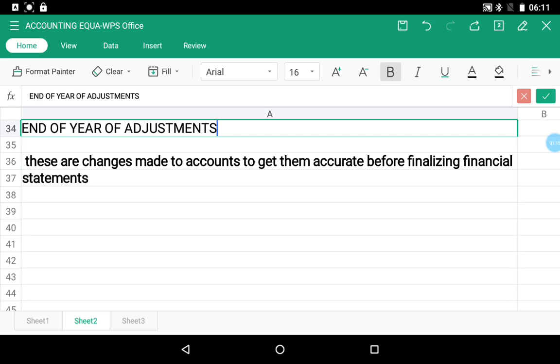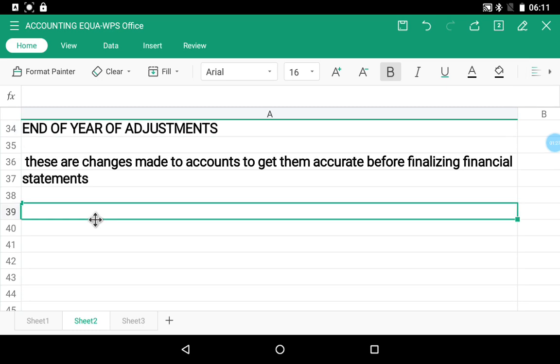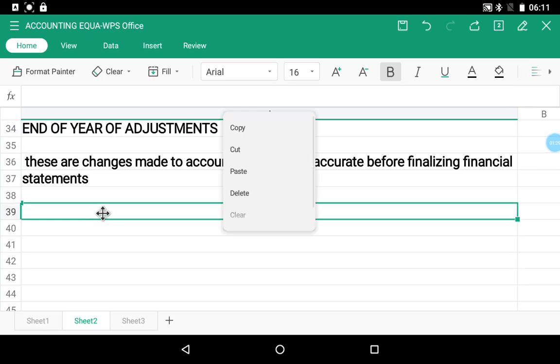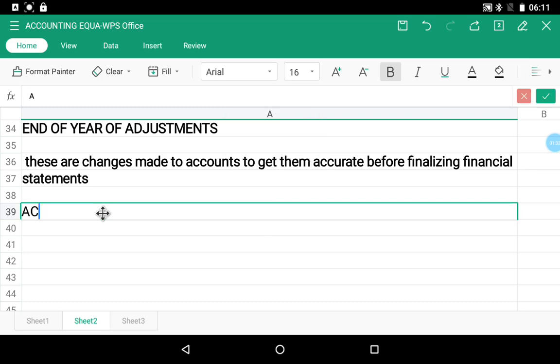So we are going to look at some of those, some are expenses and others are income. We are starting with the first one. Let us look at accrued.